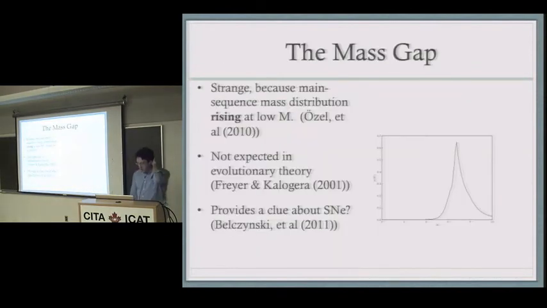Okay, so in fact, the strangest thing about black hole masses in X-ray binaries that we observe is a feature called the mass gap. So on this plot, I'm showing you an inferred mass function, that is a probability distribution with respect to mass, for stellar mass black holes.